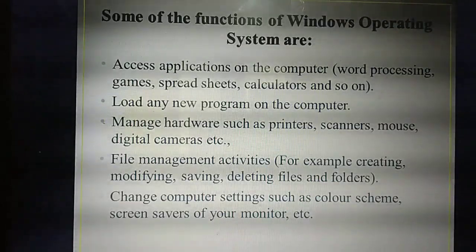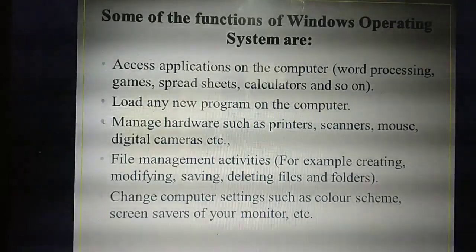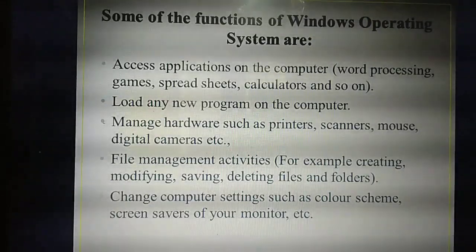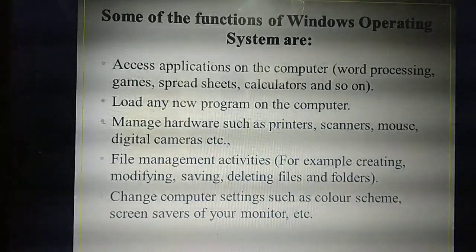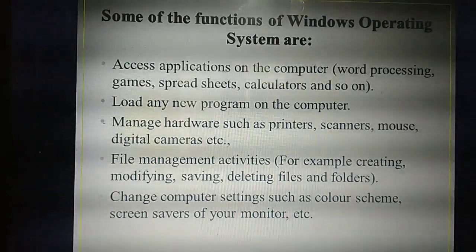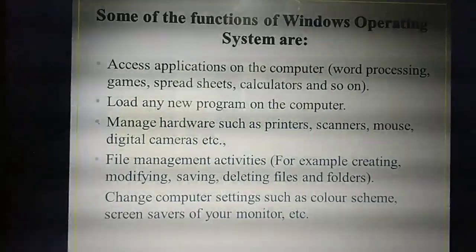Okay, so what's the main function of the Windows operating system? The first function is that it will access all the applications. So what do you mean by applications? Take the example of mobile phones. What are the applications I said as examples?